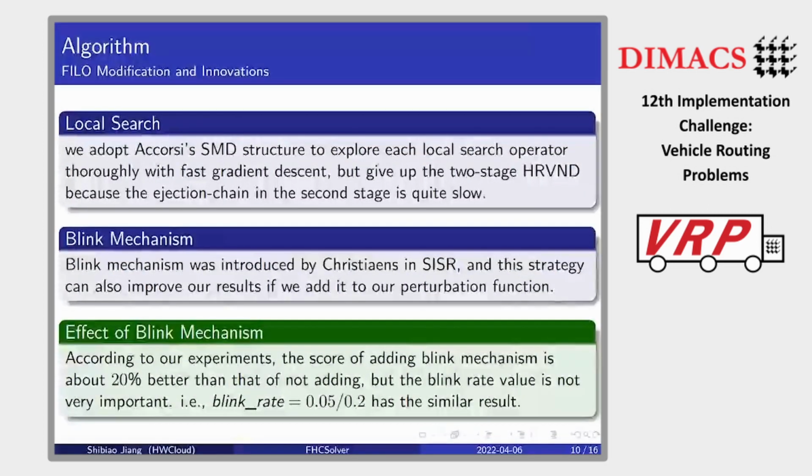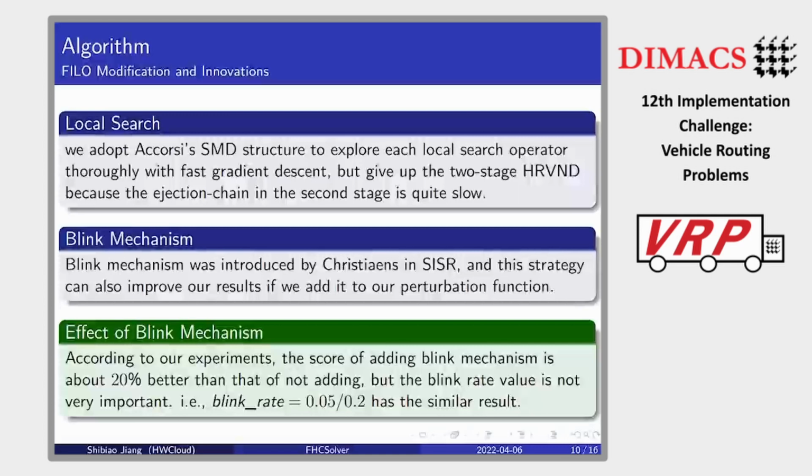Now, let me tell you about our modification to Philo. Our goal is to find a relatively good solution as fast as possible. So our demand for speed is very high. We adopt a closest SMD structure to explore each local search operator thoroughly with fast gradient descent. But we give up the two-stage HRVND because the ejection chain in the second stage is quite slow. And we also use the blink mechanism.